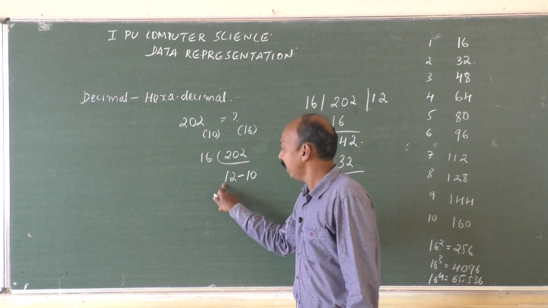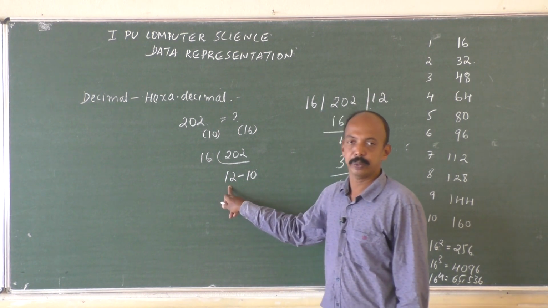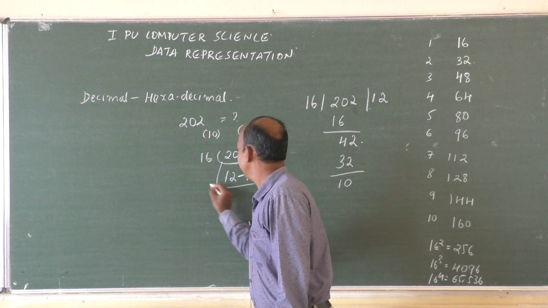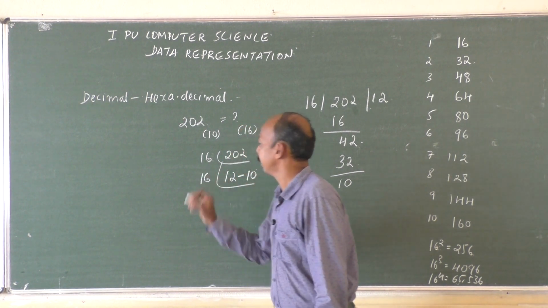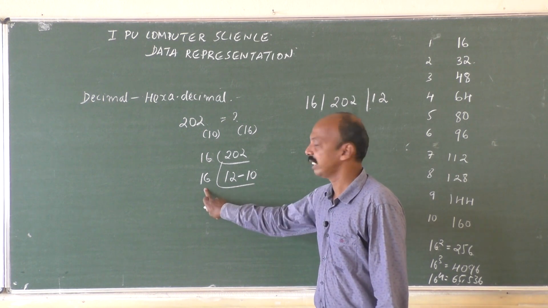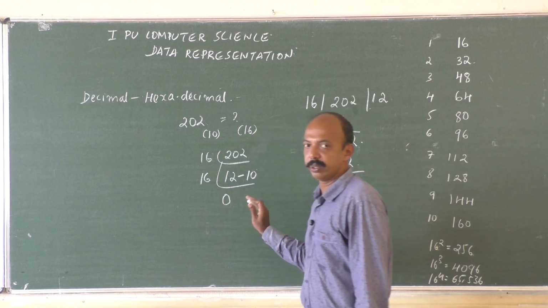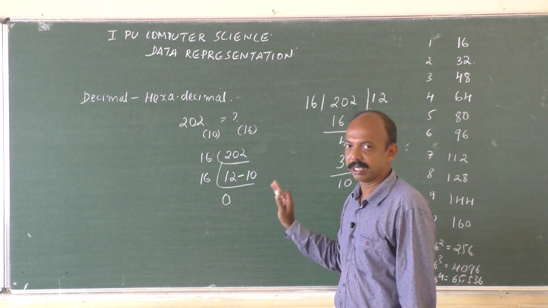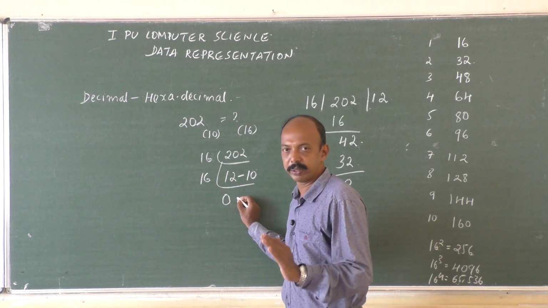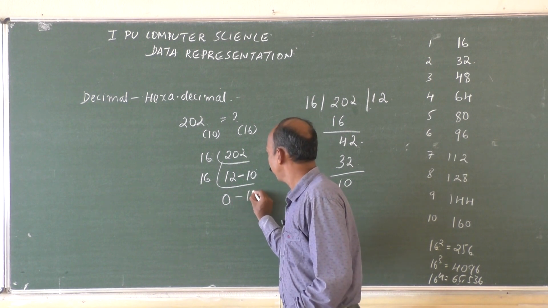Keep on dividing the quotient till the quotient becomes 0. Is it 0? No, it's 12. So once again divide by 16. Is it possible? 12 is lesser than 16. We can't write real numbers here like 0 point something. With respect to integer values, we have to write the quotient and remainder. So it is 12.